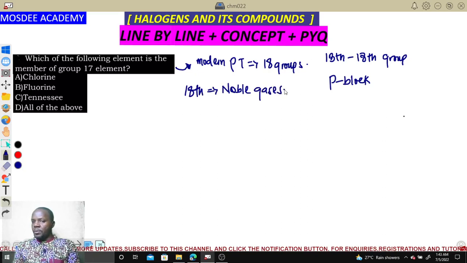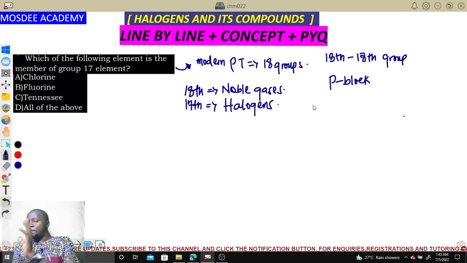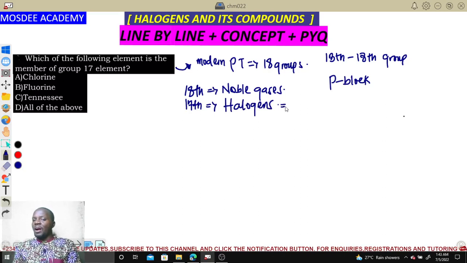In the old school periodic table, you call it group 8. Now, the 17th group, which is what we're asked here, is called the halogens, which is what we are focusing on here, and is a member of the P block. They have a general configuration of ns2 np5. This is what always ends their configuration.